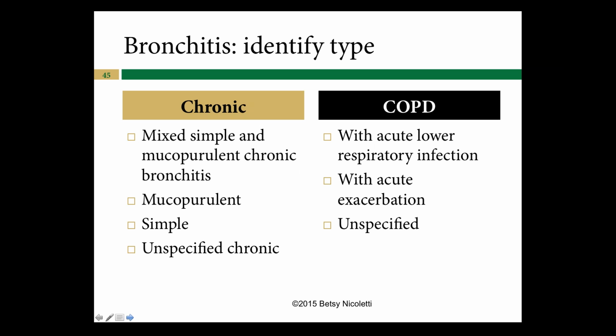All right, bronchitis. In ICD-10, first we're going to identify the type, and those are listed, and then COPD with acute lower respiratory infection, with an acute exacerbation or unspecified. Bronchitis is something I think we could get more specific on in ICD-9 and do a better job when we go to ICD-10. If you opened up your ICD-9 book and looked at 496 COPD, the code that we all use morning, noon, and night, it says it is an unspecified code for chronic obstructive pulmonary disease, and if the type of pulmonary disease is known, to use it.